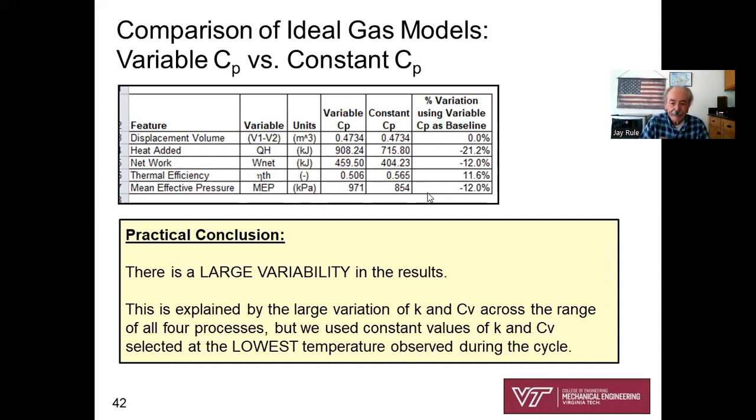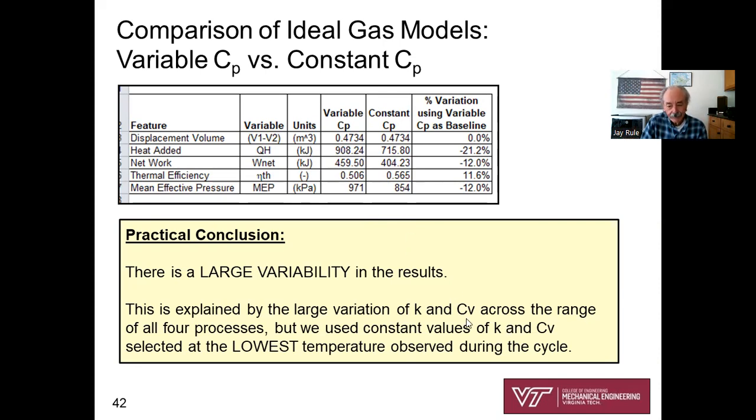The way that we explain that is that when we used our constant specific heat model, we picked a number for Cv and k at the lowest temperature observed in the cycle. If you went back to table A19 and eyeballed values for k and Cv, and remembered the temperatures in our problem went up to 2200 degrees K, there's a lot of variability.